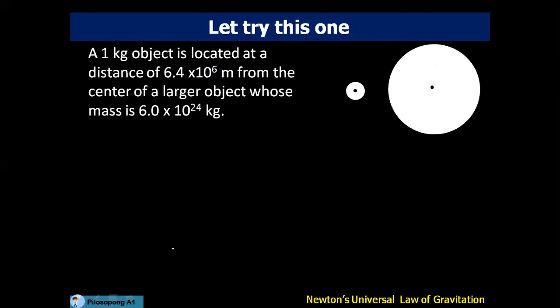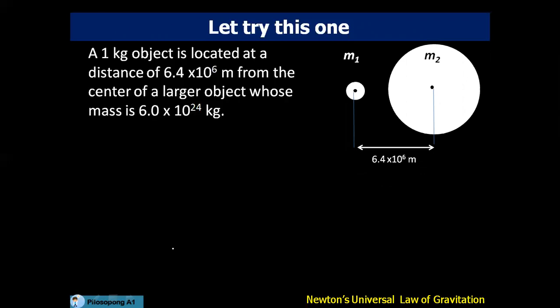Assuming we have these two objects here on the right side, we assign mass sub 1 for 1 kilogram, and the heavier one as mass sub 2, and the distance between the centers of the two objects is 6.4 times 10 raised to 6 meters.